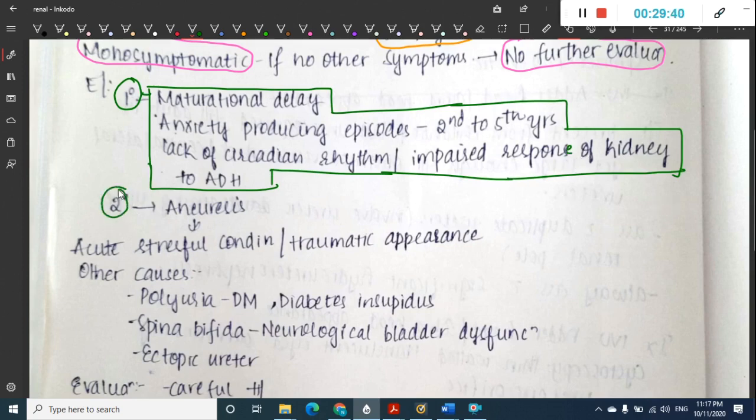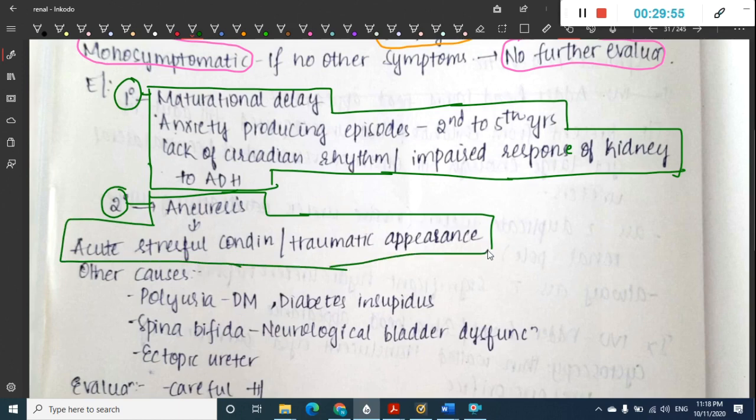In secondary, it can occur after an acute stressful condition or traumatic experience.